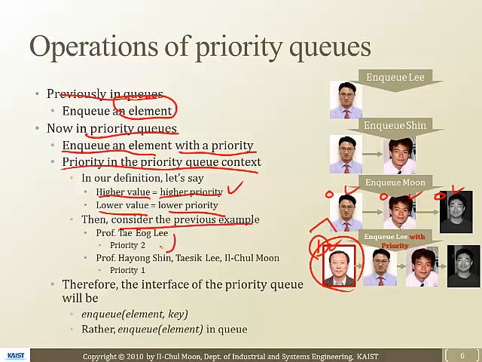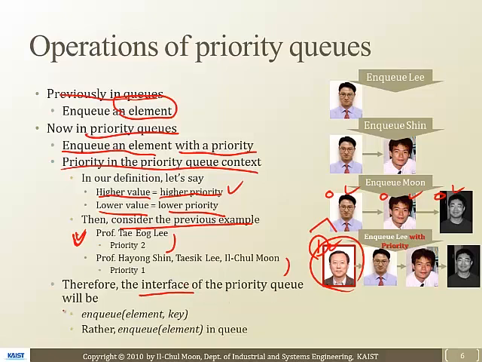So consider the following example. Professor Taylor has priority 2, and the other three people have priority 1. In that case, this person has the niche, right? And therefore, the interface, the method signature should change as follows.